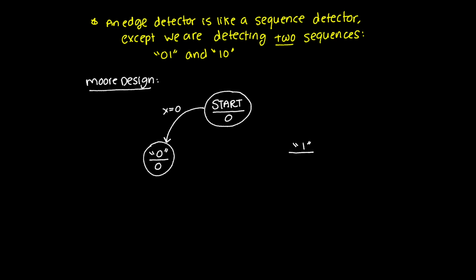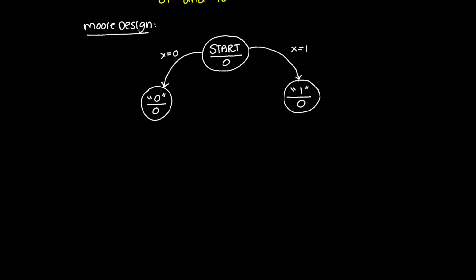So if my incoming bit is a 1, then I will move to this state that I'm calling 1 detected. So 1 has been detected in this state. Okay, now from here, I can have two options. I'm going to start here at the 0 detected state, and I have two options.